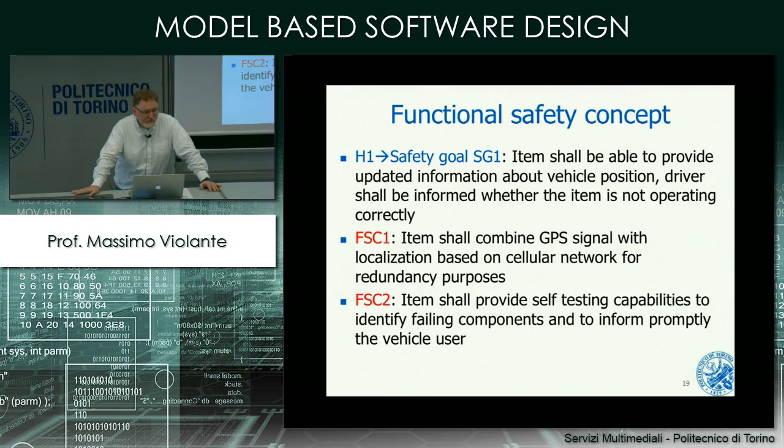So if we are in a place where we have issues receiving the GPS signal, we are in an urban canyon, we are in a tunnel, where GPS is not disseminated adequately, then we should find a way of knowing where we are. We can use the cellular network to exploit the triangulation process, and we can get the fix anyway.